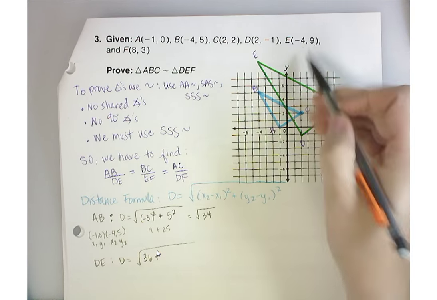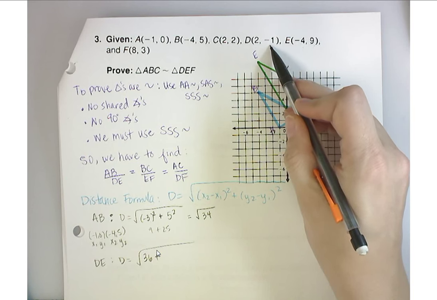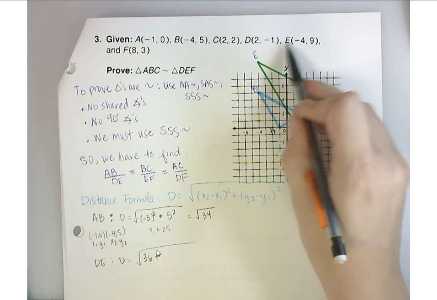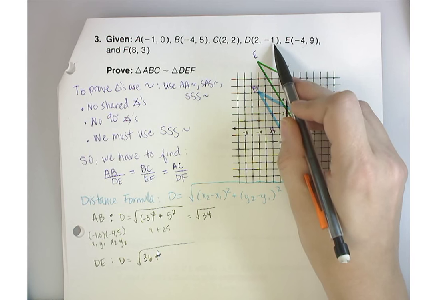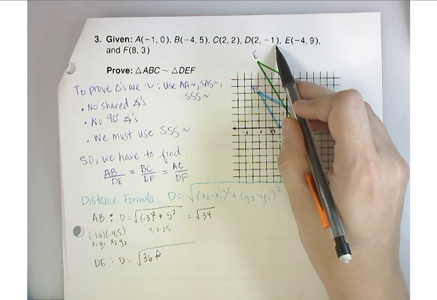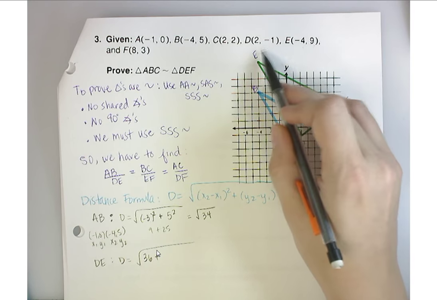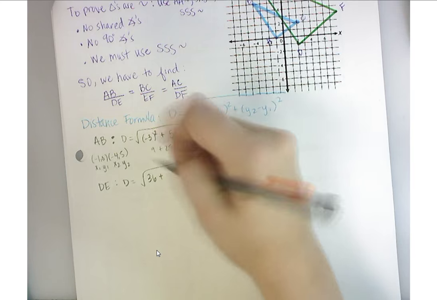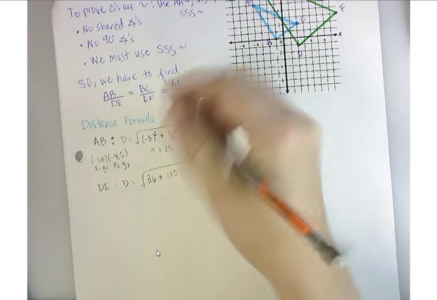Okay, and then 9 minus -1 is what? 10, right? So 9 minus a negative is really plus. Okay, so it'll be 9 plus 1, which is 10. 10 squared is 100.